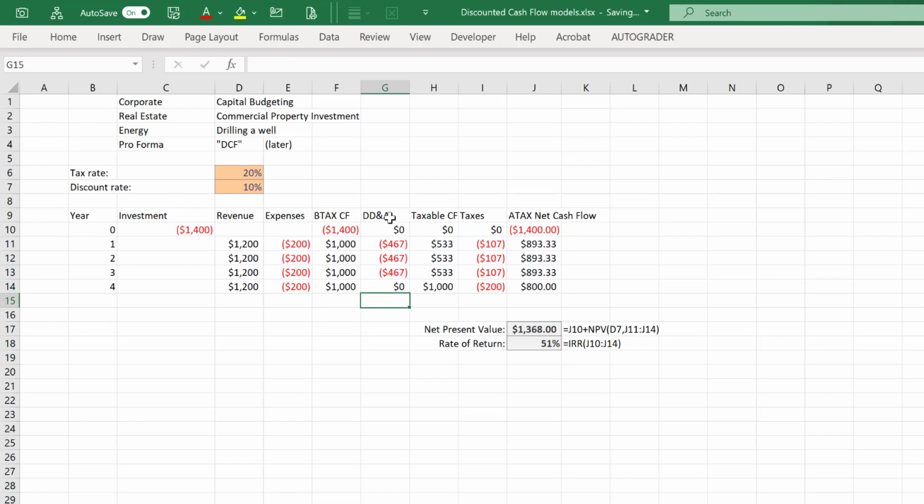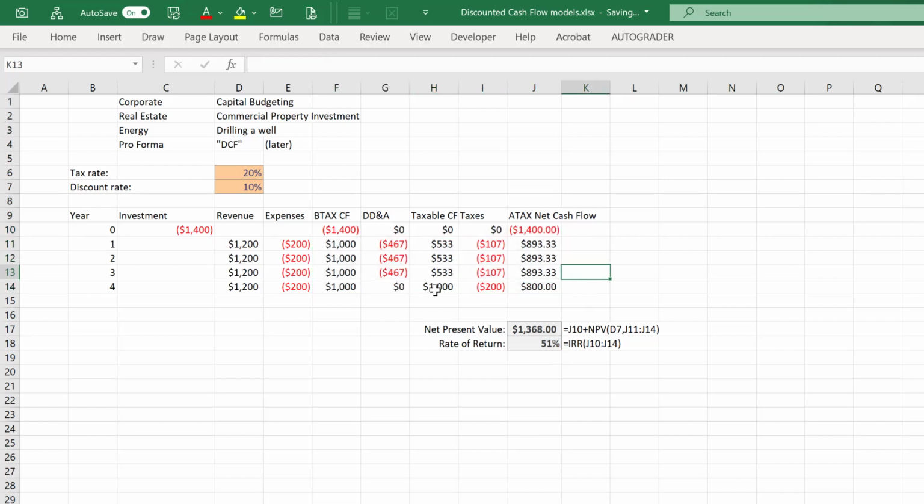And now our depreciation goes into the future, which means the tax shield from it is pushed into the future, which pushes our net present value down and also pushes our rate of return down. That's because we have to wait longer to benefit from the tax shield provided by the investment.